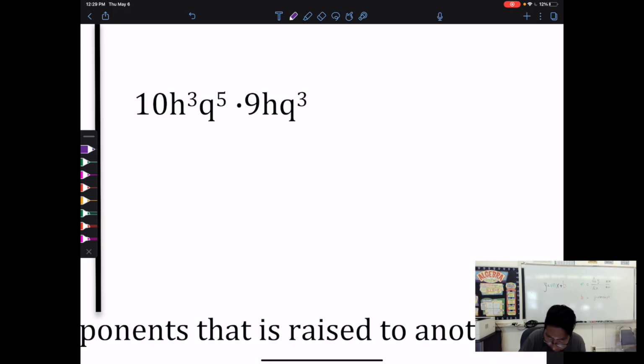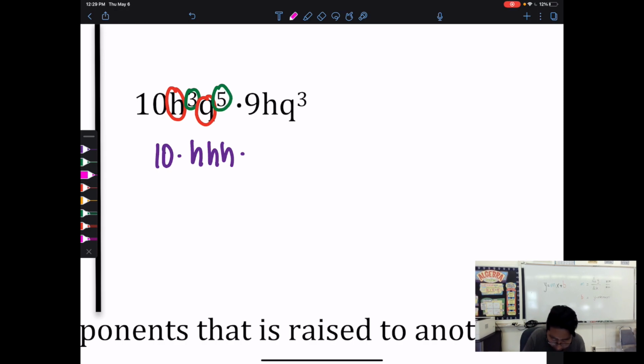Okay, so here we have 10 h to the third, q to the fifth, times 9 hq to the third. I'm going to circle my base here, h, and the exponent is 3. So we're going to write this out: 10 times h to the third power times q to the fifth power.